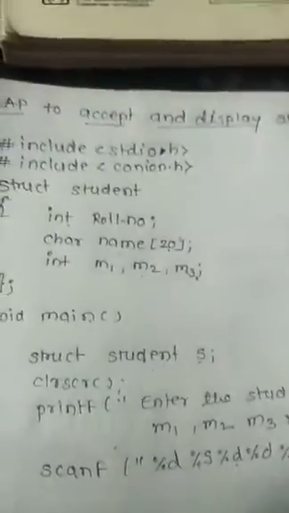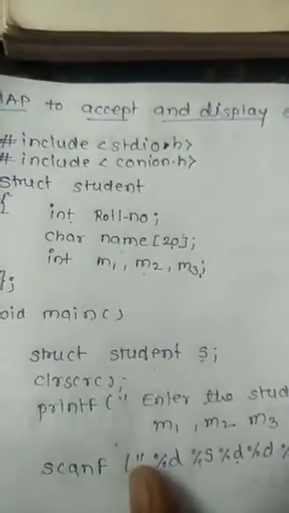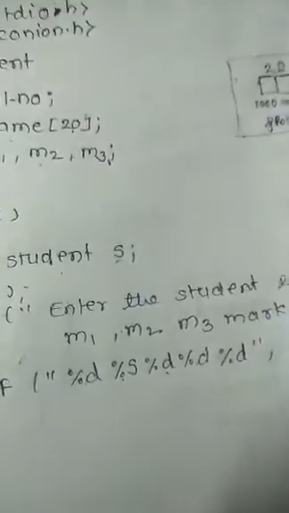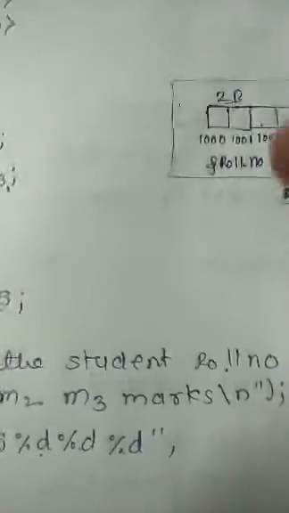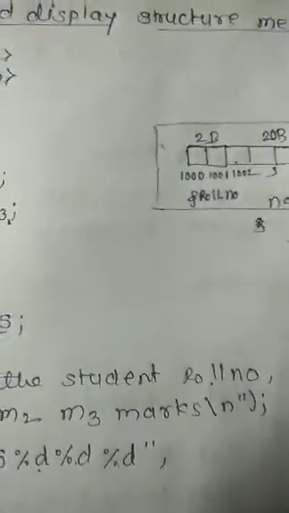Now this is the format specifier, and after the comma, you have to mention the address location where we can store this data. Now you know the address of roll number, address of M1, M2, but these are inside this S. So I have to give the address location.